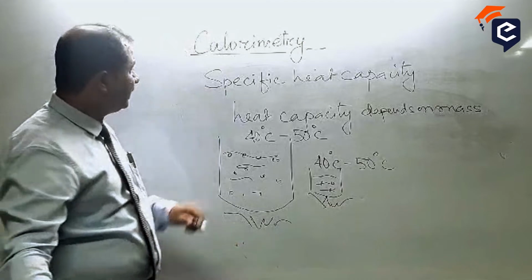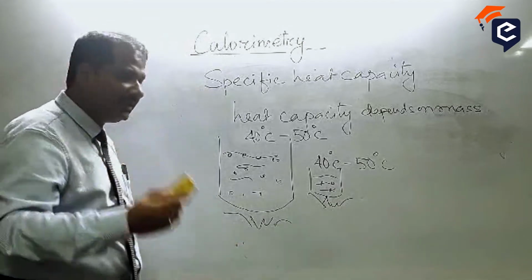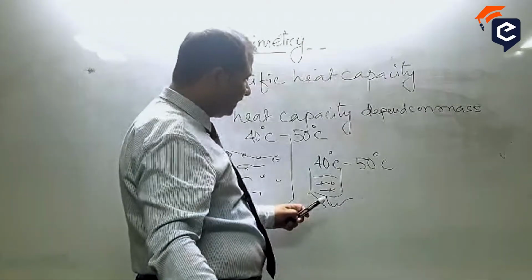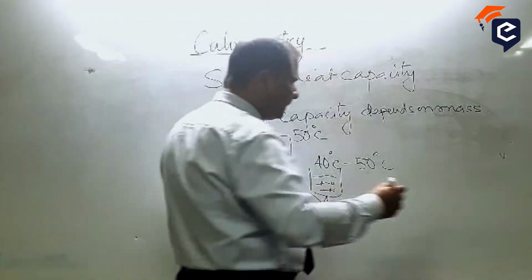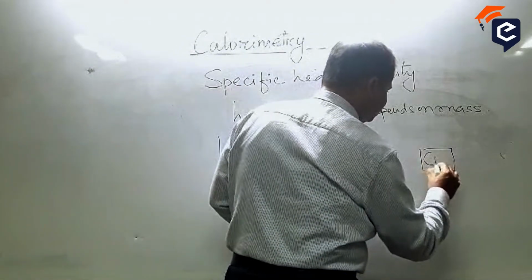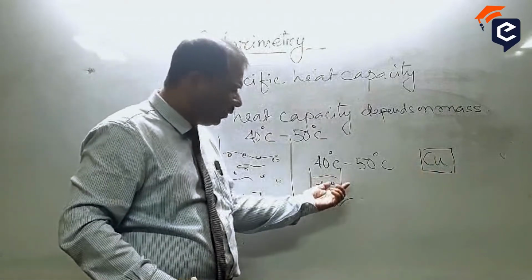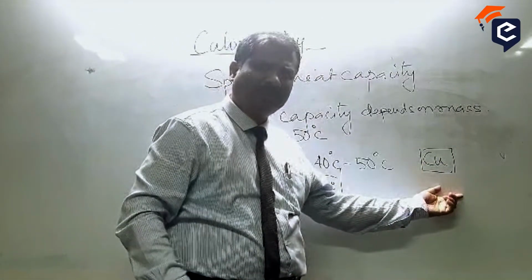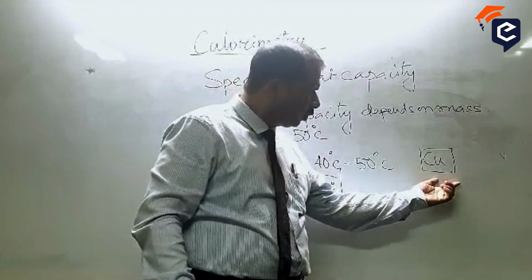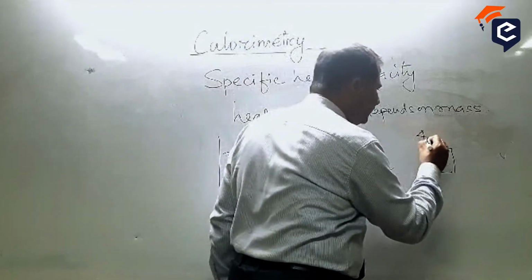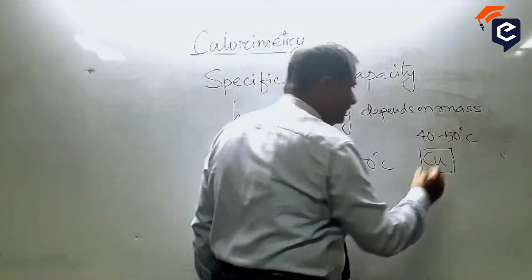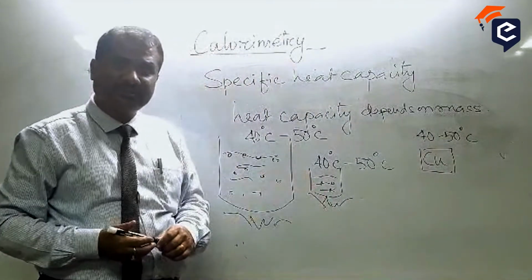Now coming down to this term, specific heat capacity. Now let's compare water and copper. If I heat this water and I heat the copper, what happens? Copper will reach from 40 to 50 degrees Celsius much faster as compared to this.